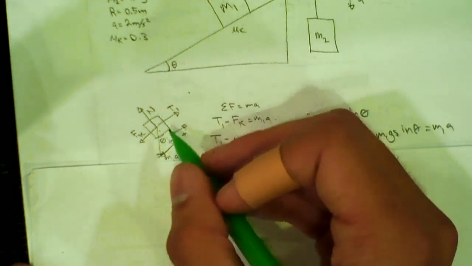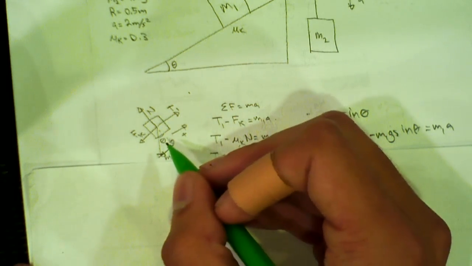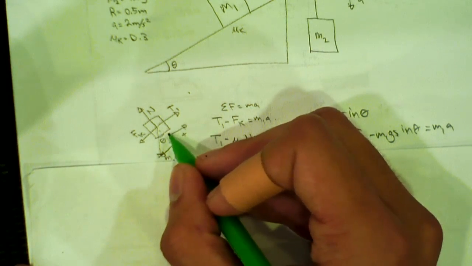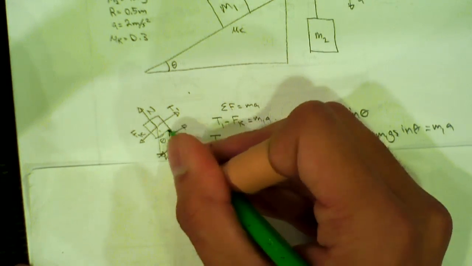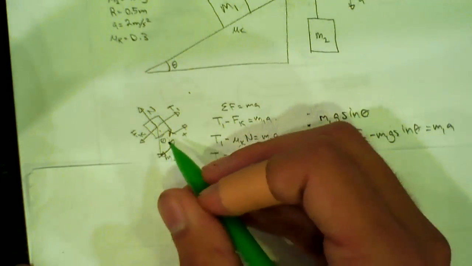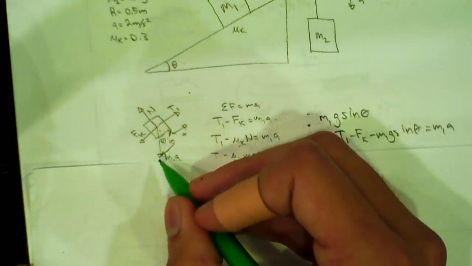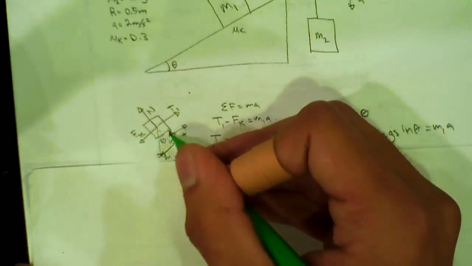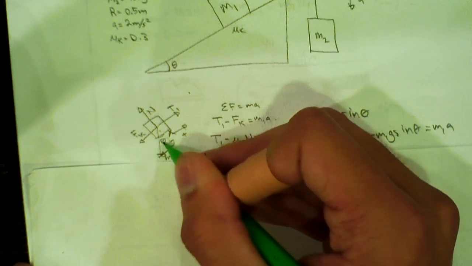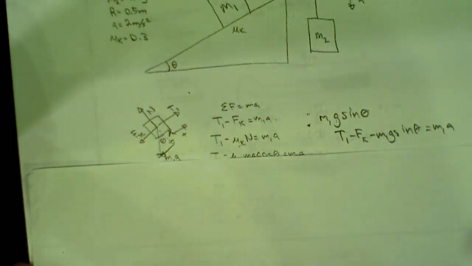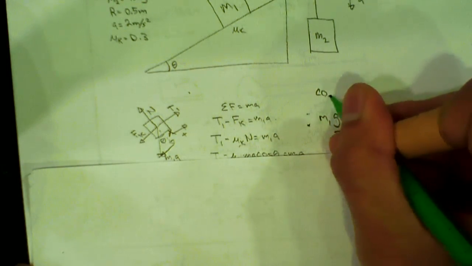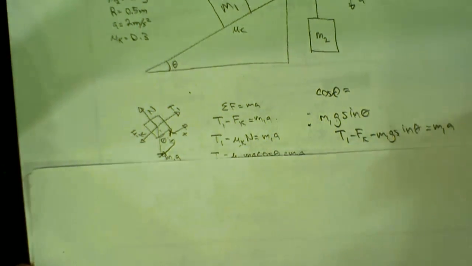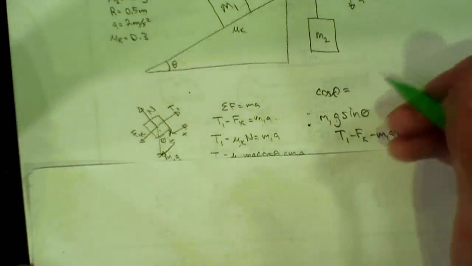Okay? Now if we just do trig, you can do SOHCAHTOA right here. So we want this component, right? I'll call it x for right now. So we want x, and we have the hypotenuse of the triangle, right? So this is adjacent to the angle, so we're going to do cosine. So cosine theta is equal to adjacent over hypotenuse, right?